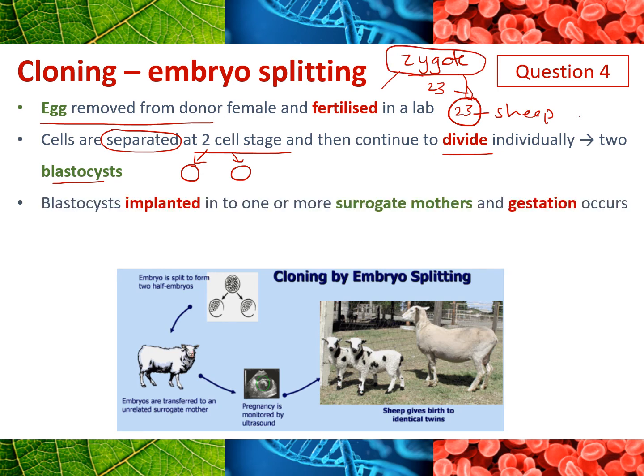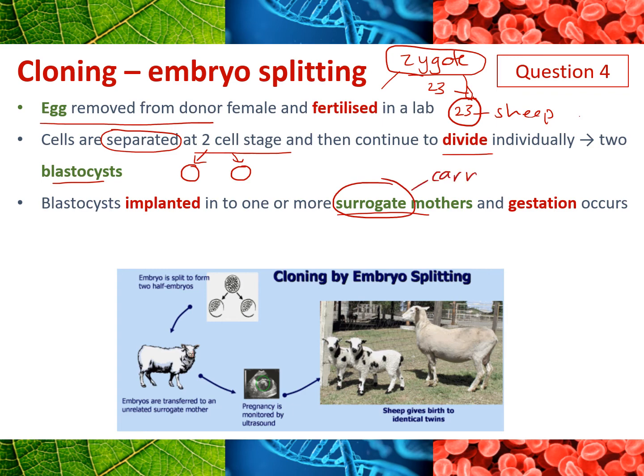The two blastocysts are then implanted. This can happen in one surrogate mother. So you're basically putting in two embryos, which is pretty much what happens with twins. Or they could actually be put into two different surrogate mothers. The surrogate mother is basically just a carrier.